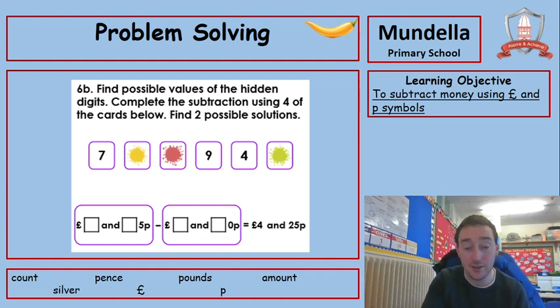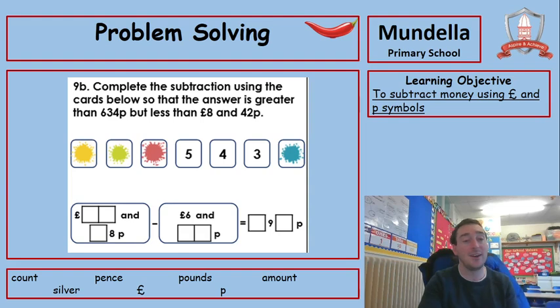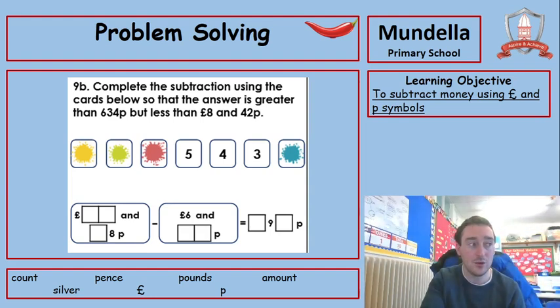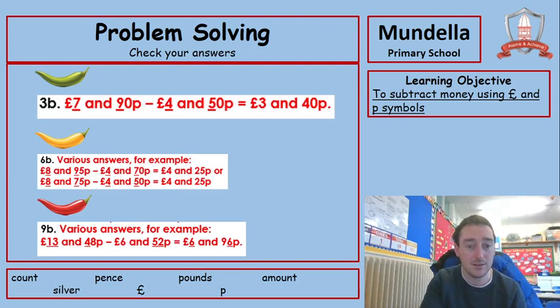Or if you want to try the red, pause the video now. Okay, we'll check the answers in 3, 2, 1. Very good. So with the last 2, for example, there is more than just one answer. It's problem solving, so it's your chance to explore with the money and see the different ways that you can find. Okay, well done. Great effort.